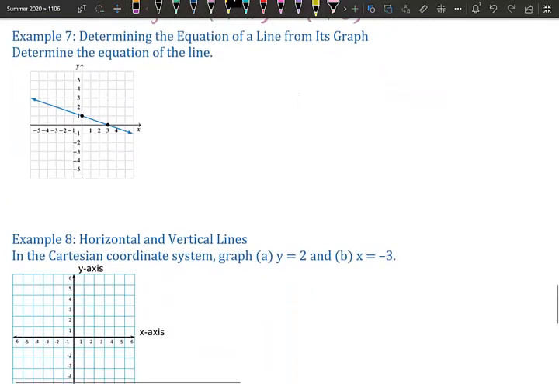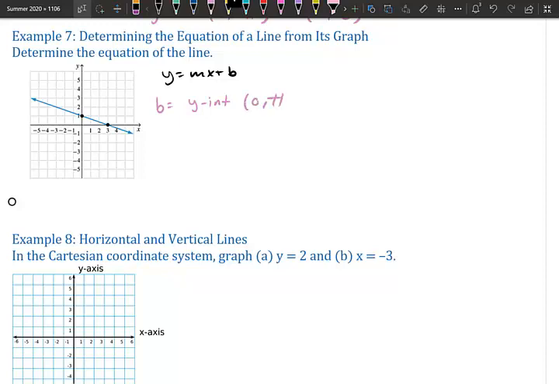Determine the equation of a line from its graph. Since we're talking about a line and its graph, we should think y equals mx plus b. So we know b stands for the y-intercept, which is a 0, number point.